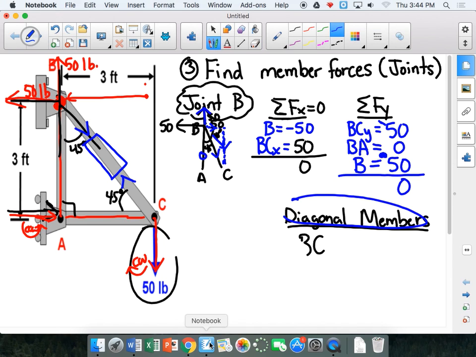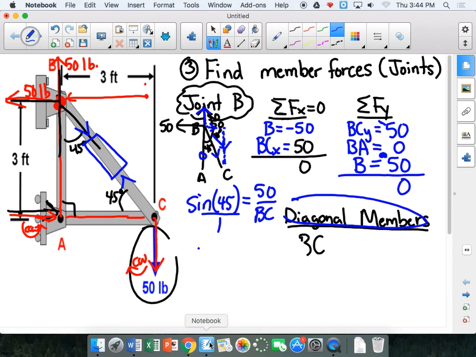So the trig function that I'm going to use is, I'll probably just do tangent. Tangent of 45. Oh, not tangent, because I'm trying to find the hypotenuse. Let's do sine of 45 equals the opposite, which is 50, over the hypotenuse, which is what I don't know, which is BC.